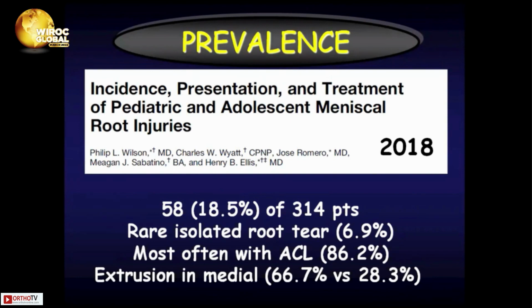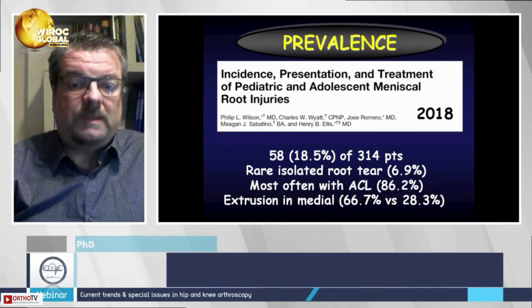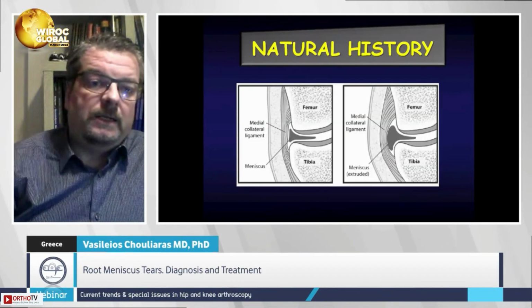And a quite recent review about pediatric and adolescent patients found that it's quite common, almost 20% of these patients had a meniscal root tear, especially with an ACL tear.